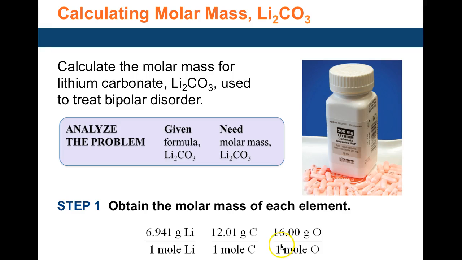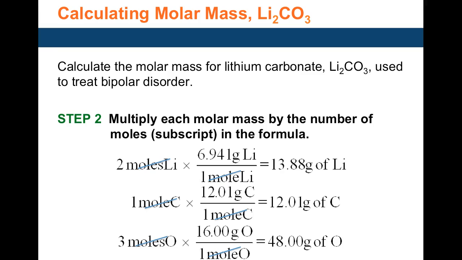And then you have 1 mole of oxygen is 16, but there are 3 of these, so 48. 26 plus 48 would be about 78 grams. So that would be the molar mass of lithium carbonate.